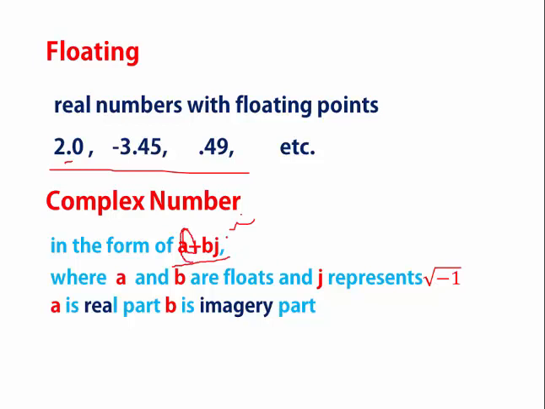A is called the real part and bj is called the imaginary part. A and b are float numbers, and j is represented by the square root of minus 1. If a number is in this form, it's called a complex number.